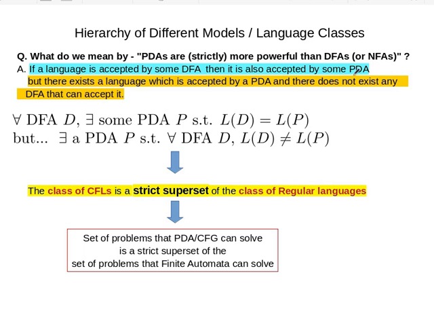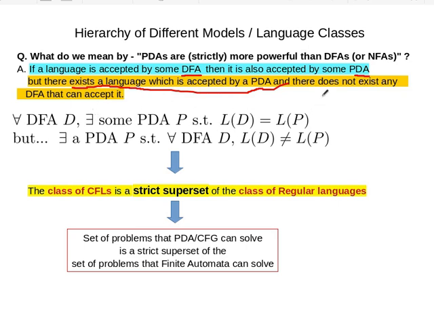In terms of problems, if you can solve a problem using a DFA, then there is a PDA which can also solve this problem. But the converse is not true. There exists a language which is accepted by a PDA, but there does not exist any DFA that can accept that language.